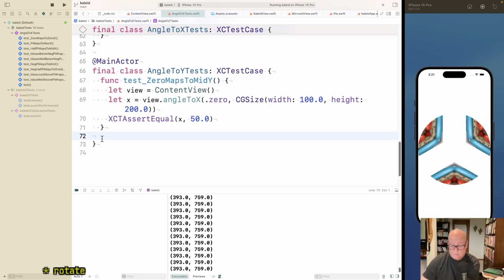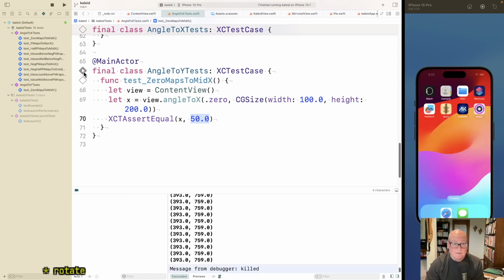Okay. Well, zero actually maps to mid x is the funny thing. Okay. So angle of 0, height of 100 should map to that.